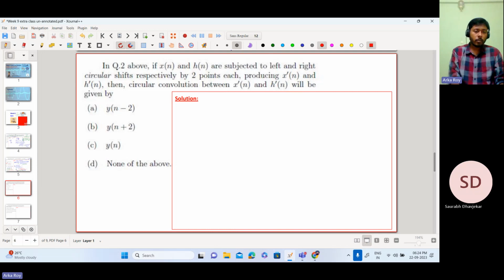Now the next question is: in question 2 above, if x[n] and h[n] are subjected to left and right circular shifts respectively by 2 points each to produce x'[n] and h'[n], then the circular convolution between x'[n] and h'[n] will be given by one of these 4 options.